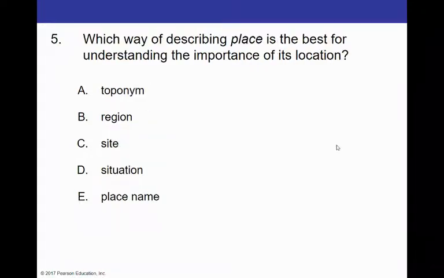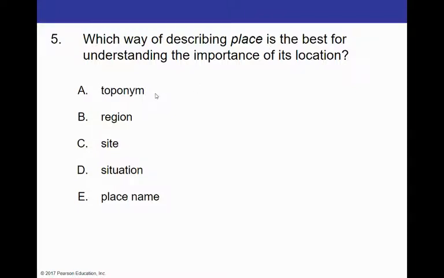Number 5. Which way of describing place is the best for understanding the importance of its location? Looking at some of the things that we can cross off, toponym and place name, those are kind of the same thing. They're very similar to each other, and that's how a place gets its name. And that's not what we're saying here.